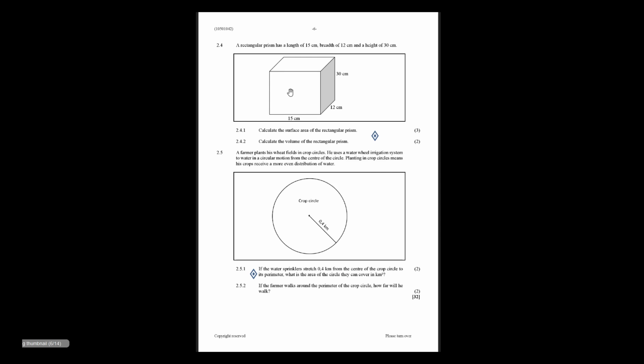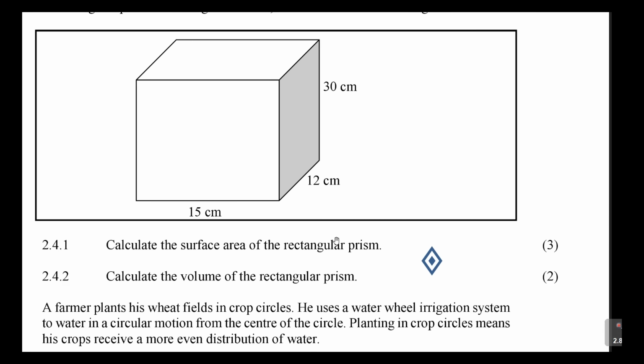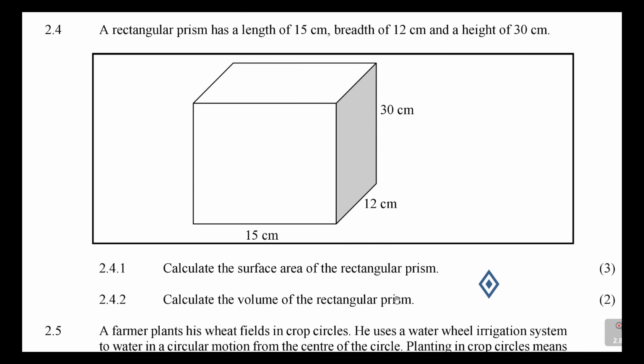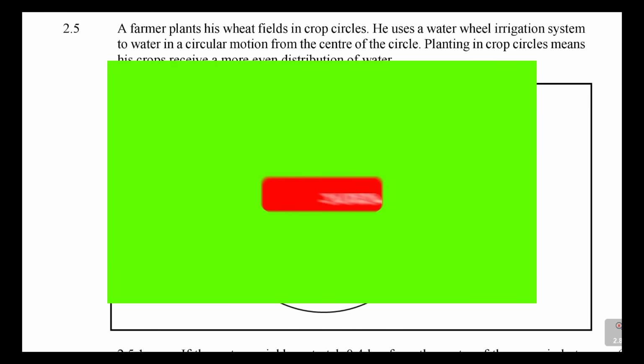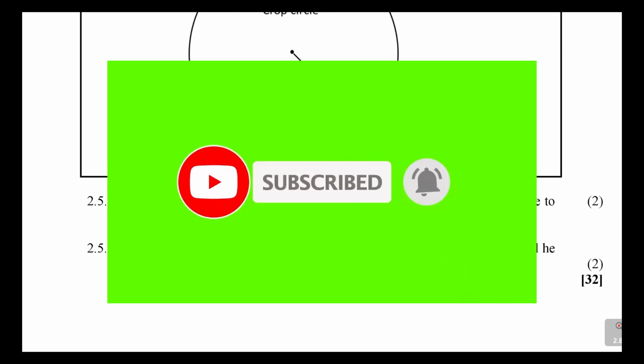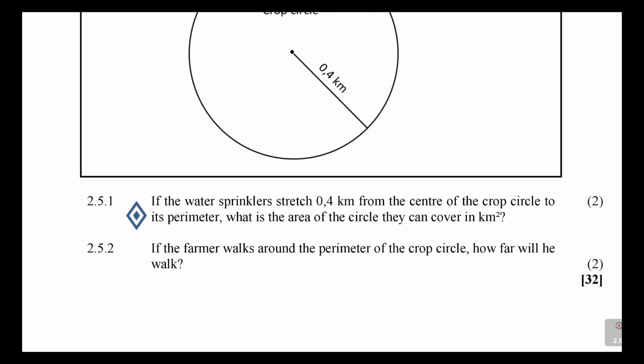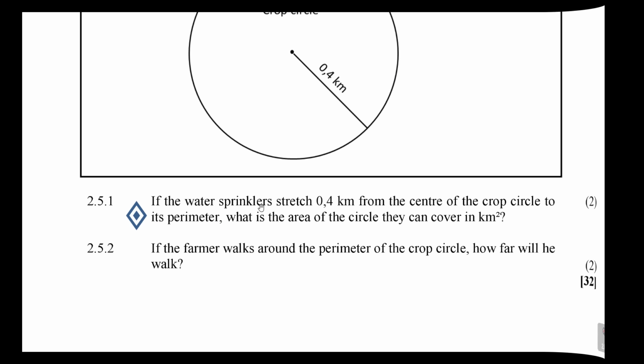You see that there's 2.4 and 2.5, which I'm going to do in another video. Obviously I'm doing this in the same sitting, but I'm going to cut it here so that when you are revising, you don't have to sit for long hours trying to understand. It's just so that in 24 minute pockets you can come back to this video.